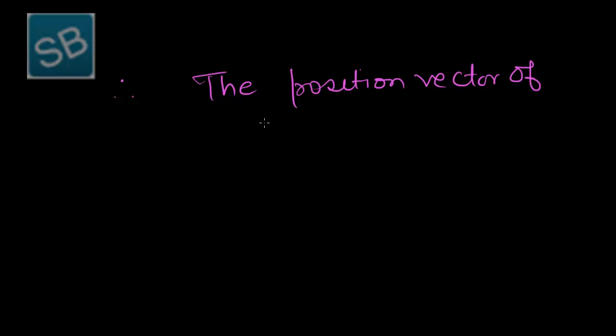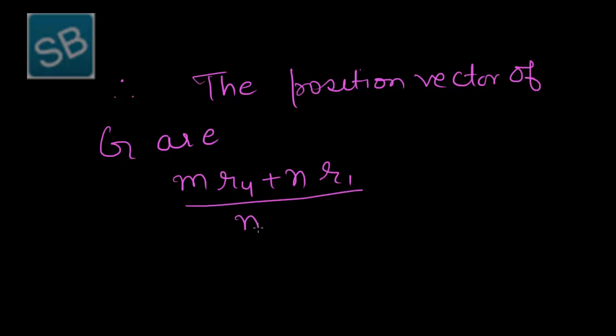Therefore, the position vector of G, by section formula, is m times r4 plus n times r1 over m plus n, in the ratio of vector r4 and r1.